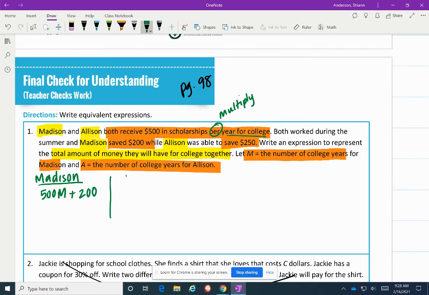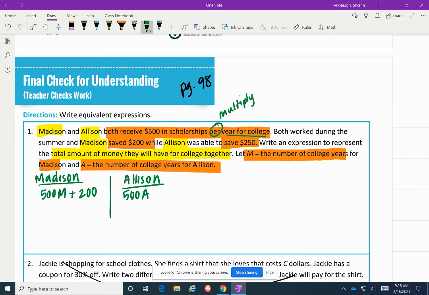Now for Allison, again she receives $500. And the reason why we're not going to use the same letters for the years of college is sometimes there's different programs for different majors in college that take longer, take an extra 5 years, and some take 4 years.